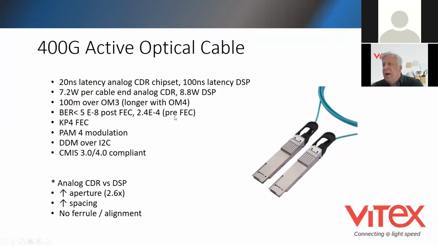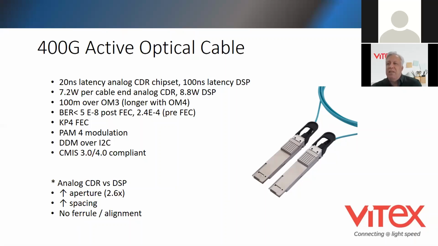Let's talk a little bit about active optical cable. It basically takes an electrical to optical conversion, same thing as when you talk about pluggable transceivers, it's just already attached with an OM3 or an OM4 cable. Latencies are very good with these products. We have two different types of products.